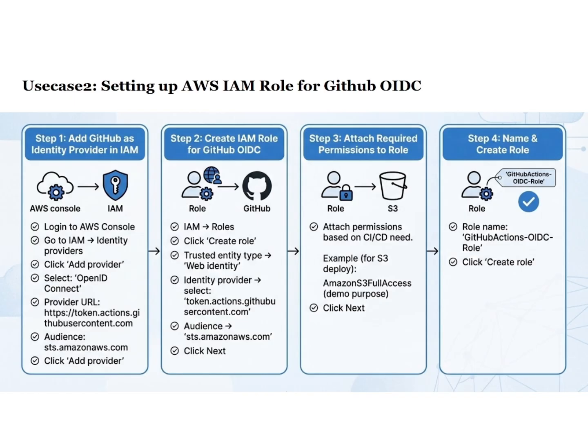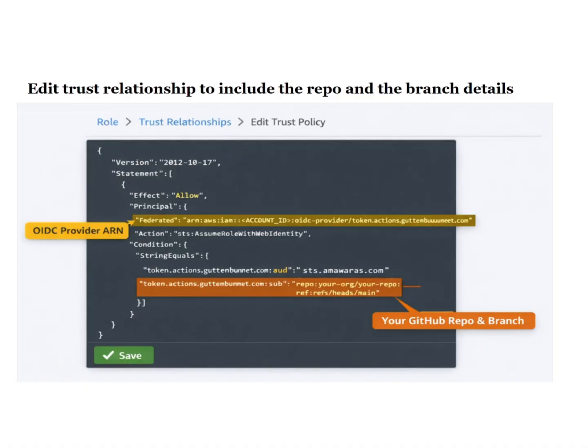Similarly, you have to go to IAM identity provider, click on OpenID Connect, then provide the token URL, select the audience, again it is an STS assume role, click add provider, then create a role with the necessary permission sets. Once you create an identity provider and the role, the next thing is you need to define the federated identity, like who will be assuming this particular role.